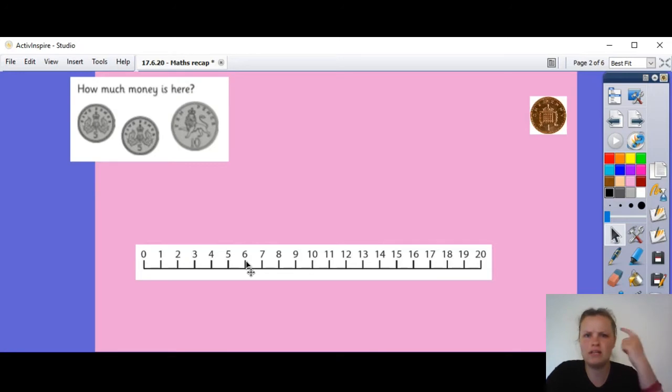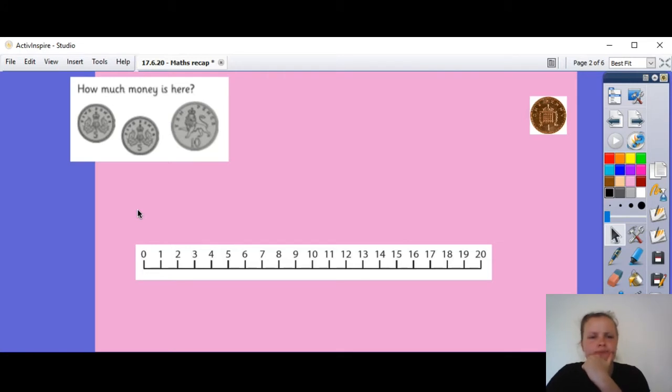Hopefully you would have remembered that we've got a 10p coin, a 5p coin, and another 5p coin. So how much do we think is there?